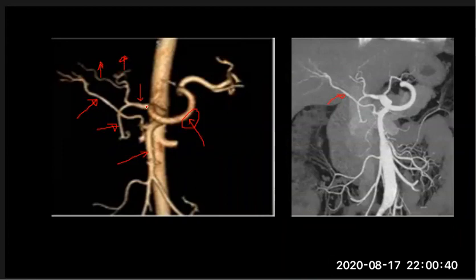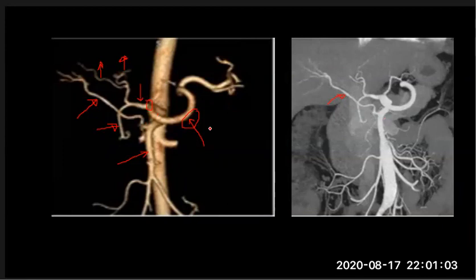So here, this is the celiac axis, and this is the splenic, the proper hepatic, the left hepatic, left gastric, and the right hepatic from the superior mesenteric. It is replaced, and we see it very nicely in the MIP images.